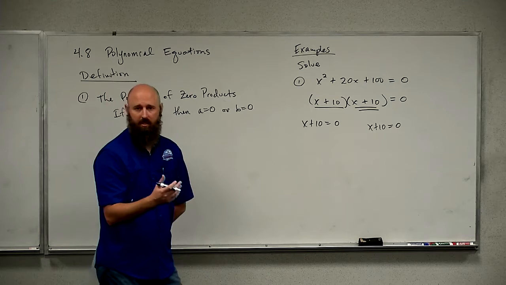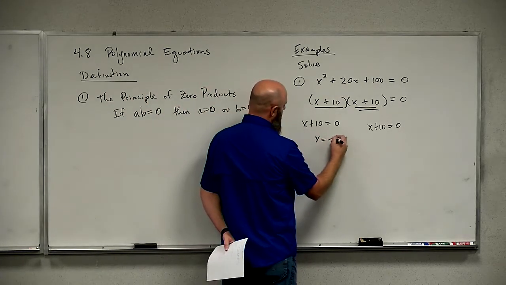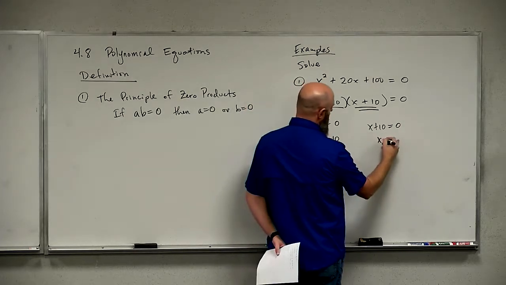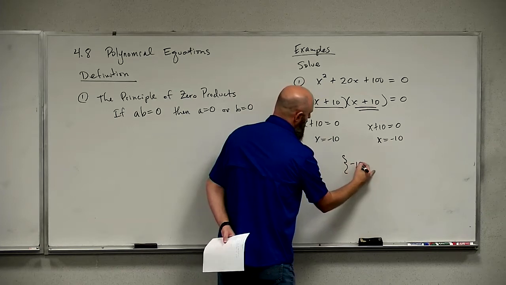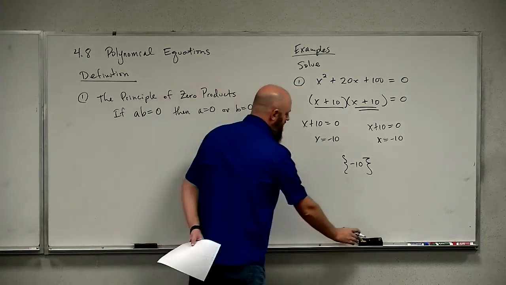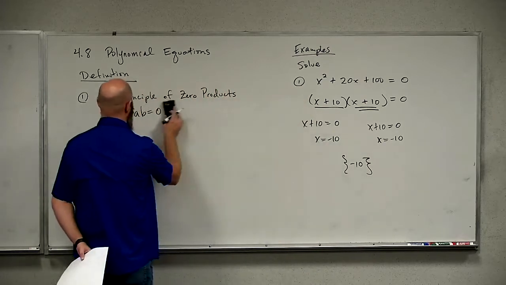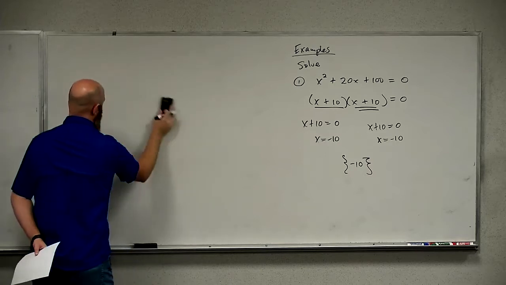Usually they're going to be different. Now we minus that 10 over, so x equals negative 10. Since they're the same number, my solution set is negative 10. So x equals negative 10 is the only solution for that problem.